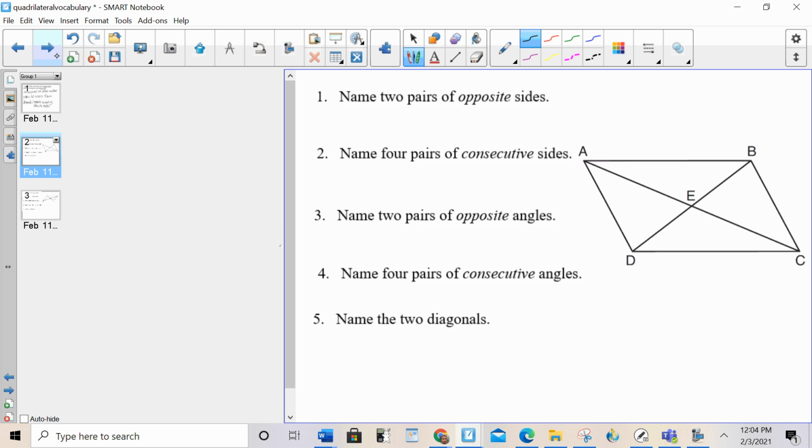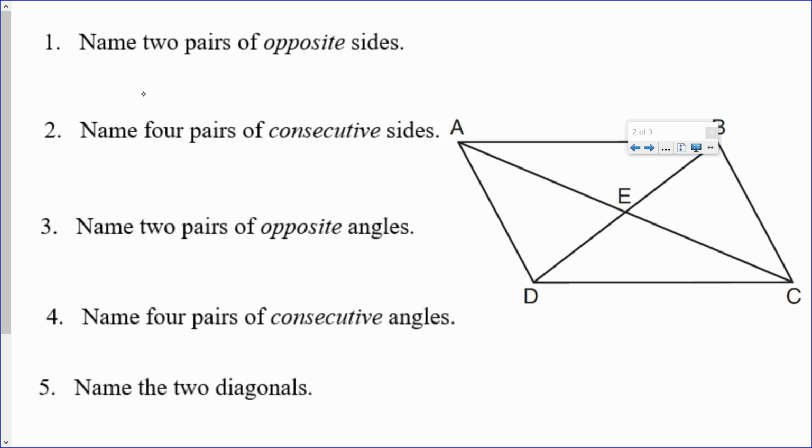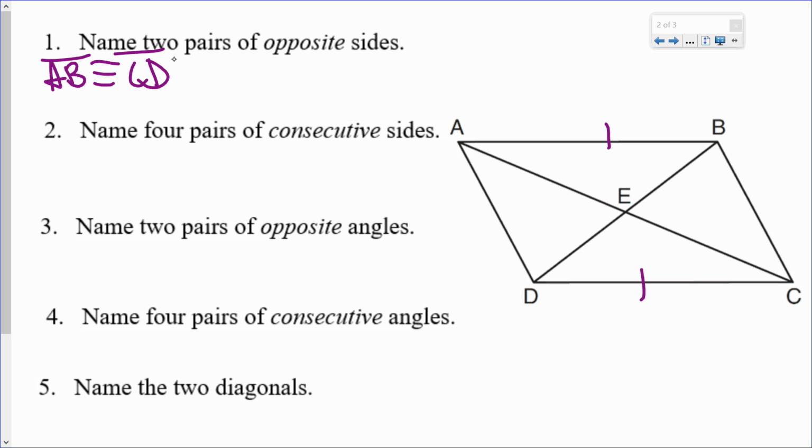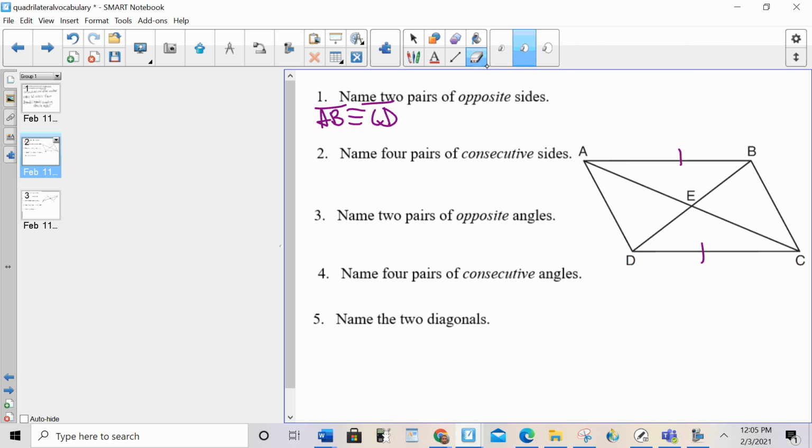Name two pairs of opposite sides. So opposite sides are sides that do not touch. They are sides that are across from each other. So my opposite sides would be AB and CD. I don't need to say congruent. They are congruent, but let's not open that up.